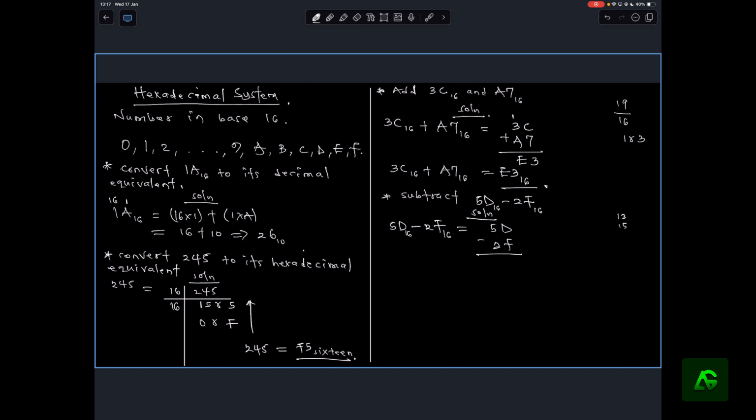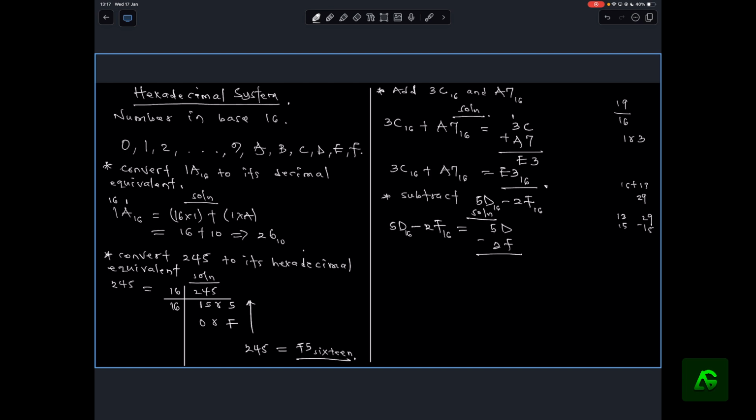You remember I've made that statement before, when we have a small number minus a big number, we need to borrow from the other number beside it. So we borrow from 5 to this D, and the receiver receives the base number. That means 16 will be added to that D, so 16 plus 13 is 29.